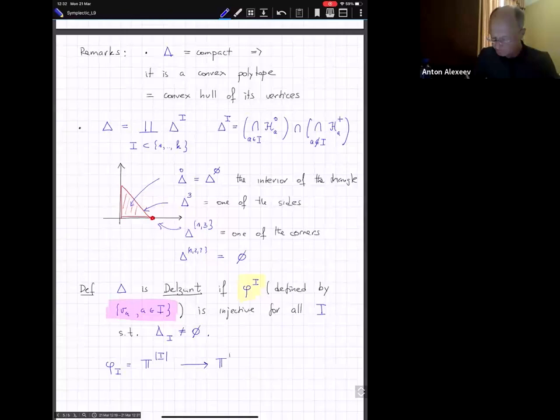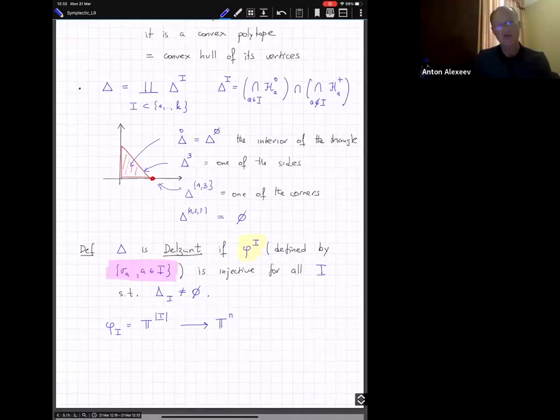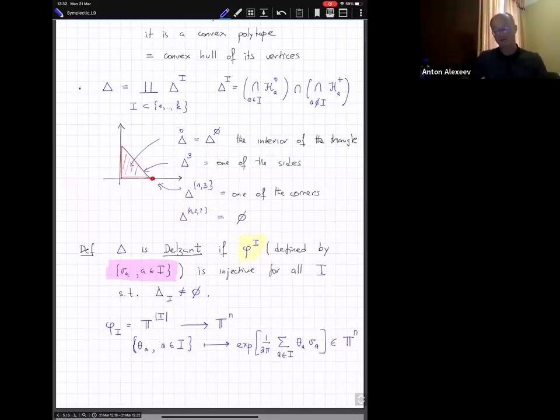So phi I is a homomorphism from TI to Tn. It takes the collection of angles theta A with A in that subset, and maps it to the exponential of 1 over 2 pi sum over A in I theta A VA, which is an element of C to the power n.